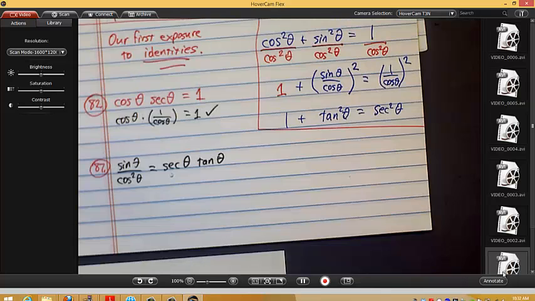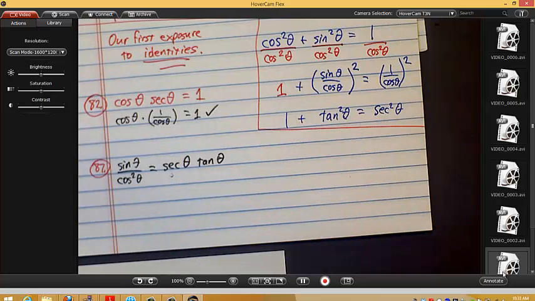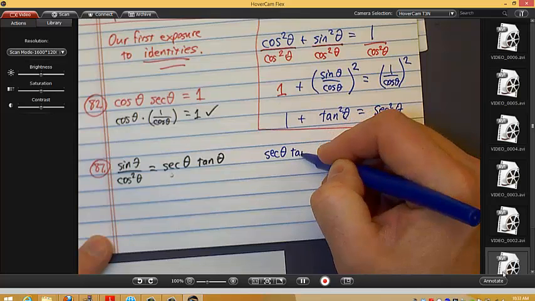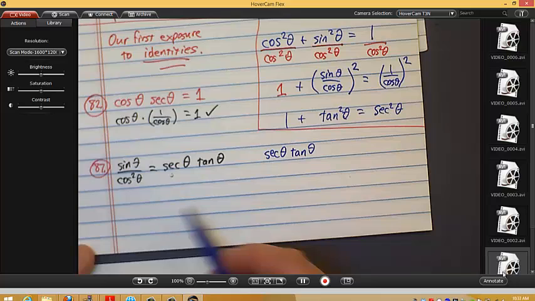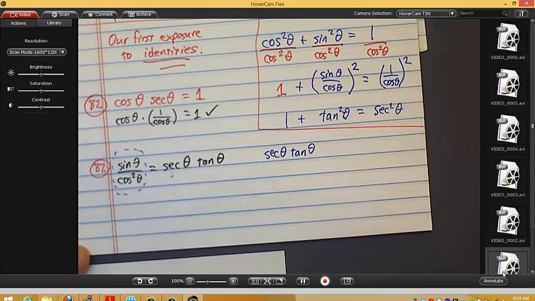They're telling me that's an identity. If it were me, I would work on the right-hand side. I would say, what do I know about secant theta, tangent theta? I'm very comfortable with sines and cosines, because those are just x and y coordinates. I'm more comfortable with those two than with the others.